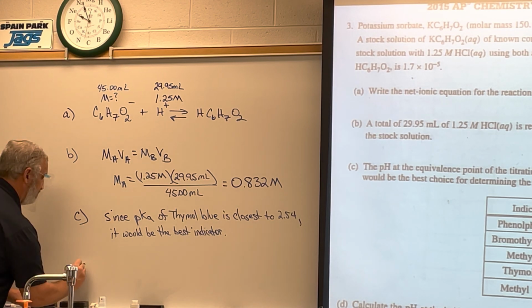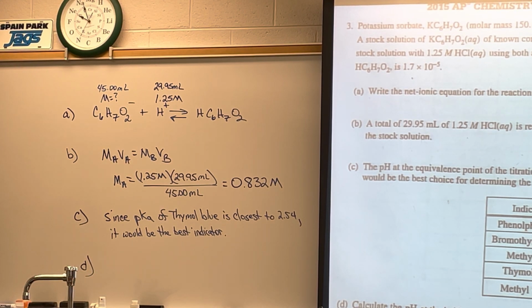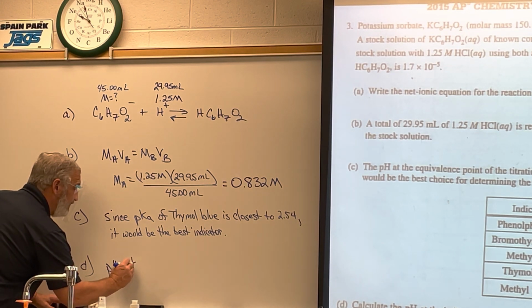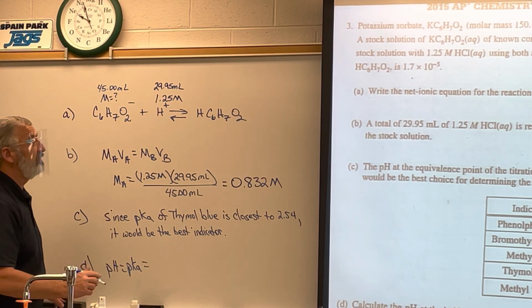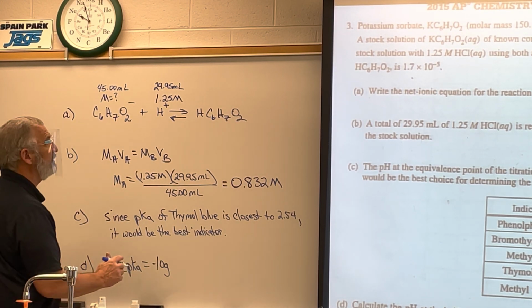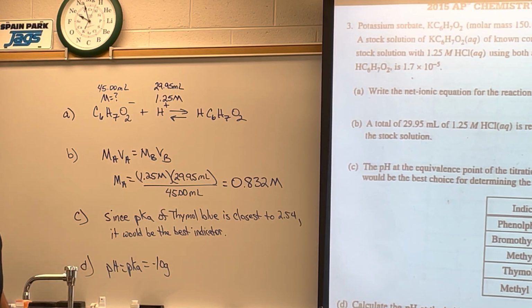Now D, calculate the pH at the half equivalence point. What does pH at half equivalence point equal? pKa, right? At the half equivalence point, pH equals pKa. We just know that. So the pH equals pKa, which is going to equal the negative log of the Ka, which is given as, what Ka is given?